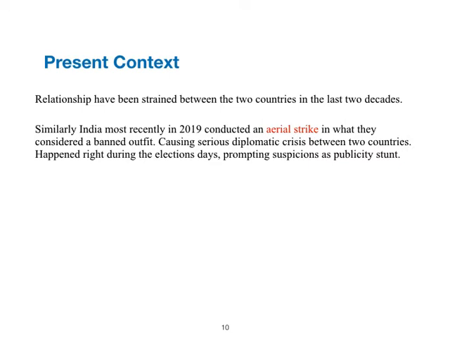It is said that it happened right during the election days, prompting suspicions that this was just a publicity stunt for the re-election in India, and it affected the relationship between the two countries. Diplomatic ties were cut off. There were talks about war on both sides. Both nuclear armed countries were coming and discussing and conducting aerial strikes. That's a serious thing that happened in the recent past.